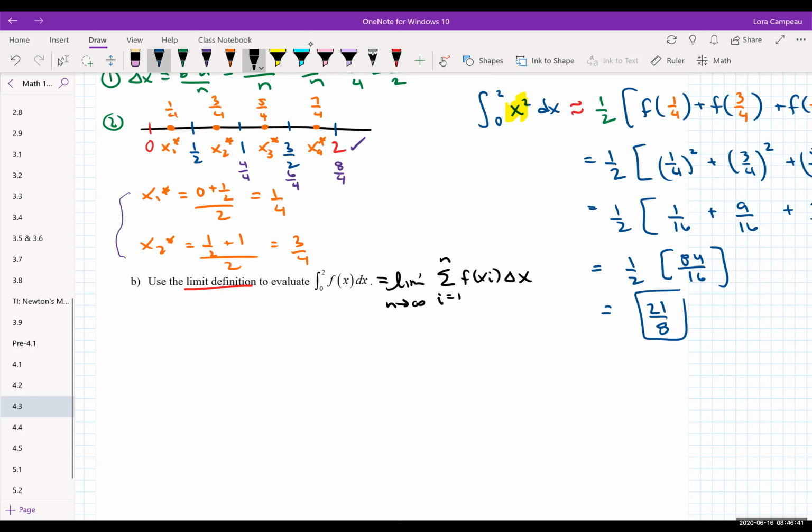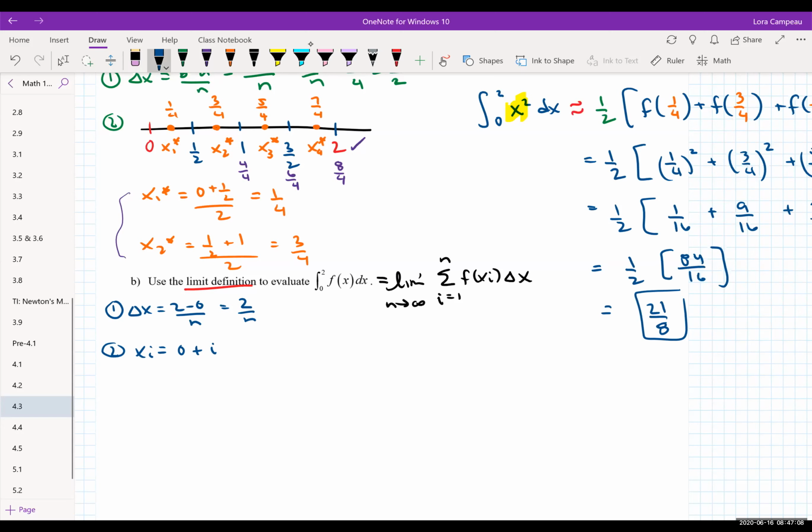And so then that is going to involve us finding who's delta x. Well, that's b minus a over n. So in our case, it's 2 over n. Then we have to figure out who's x sub i. That is a plus i delta x. So I'll just write that in, where delta x is 2 over n.